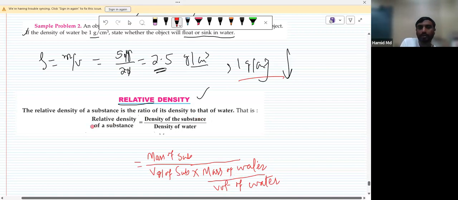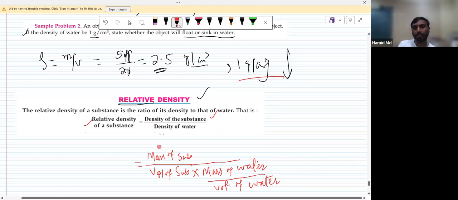How is it defined? The relative density is defined as we have to divide the density of substance by the density of water. So the substance is water? No, other than water. We are defining in reference to water. Okay, so that's why it's relative.